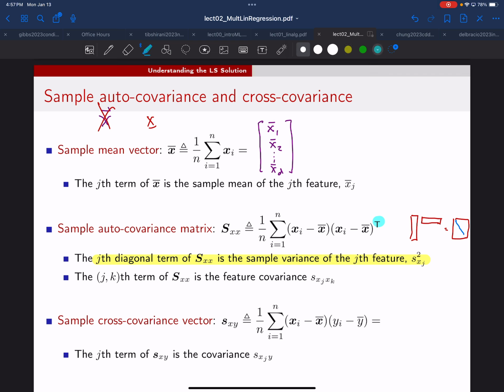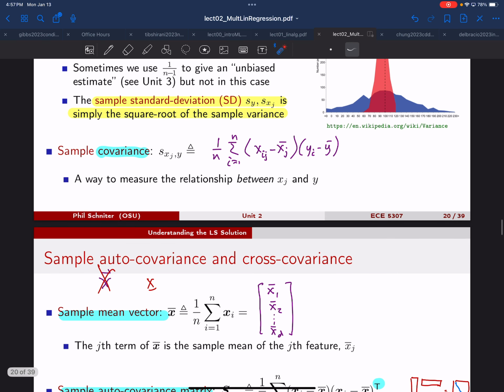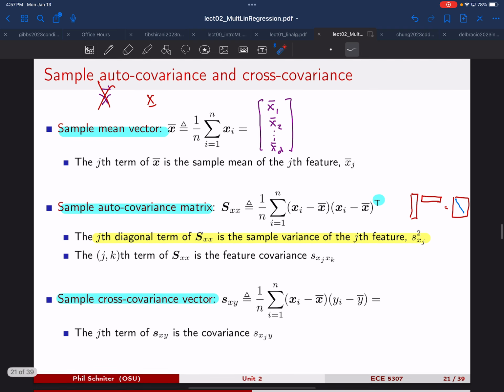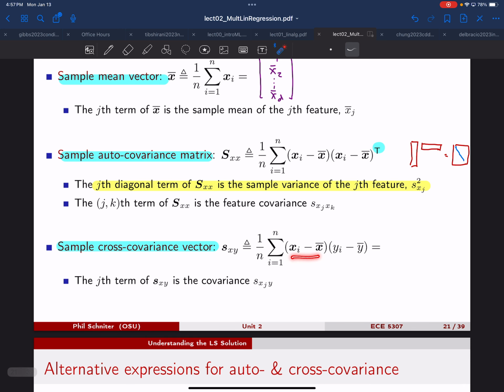Okay, so we have our sample mean vector and sample autocovariance matrix. And finally, we can do our sample cross covariance vector, which is an extension of this idea to vectors. We basically just change this part here to a vector. Here we have our vector x, and our y's now are just a scalar target, just one target. A vector times a scalar gives us a vector, so this thing is a vector.